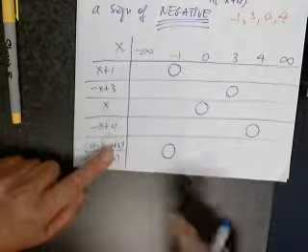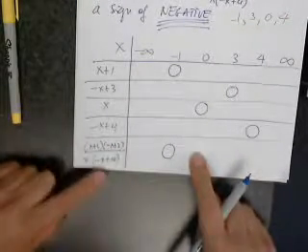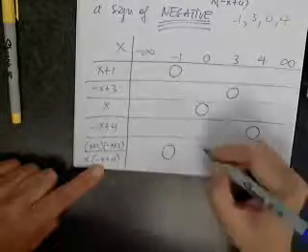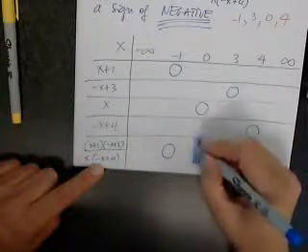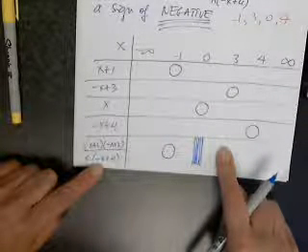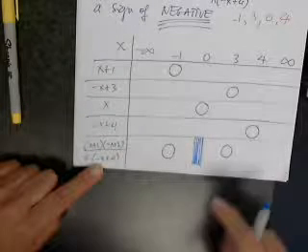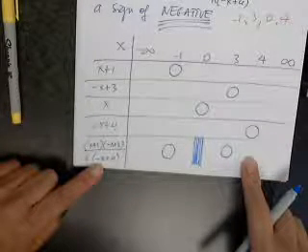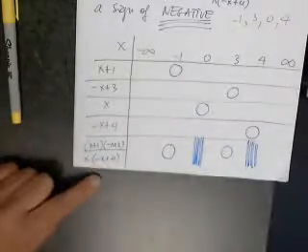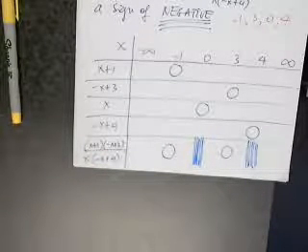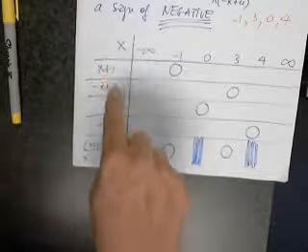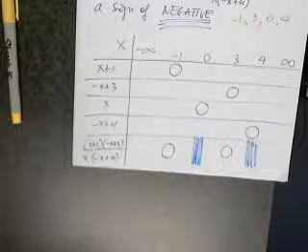What happens to the fraction itself under 0? No, does not exist. Because the denominator is 0, I don't have a number. Perfect. What happens under 3? Excellent. What happens under 4? No, because -x plus 4 is in the denominator.